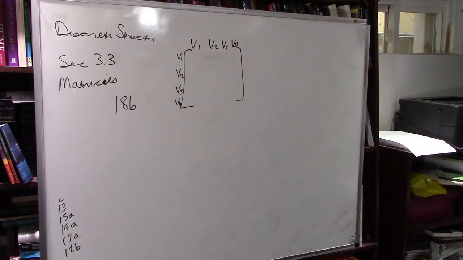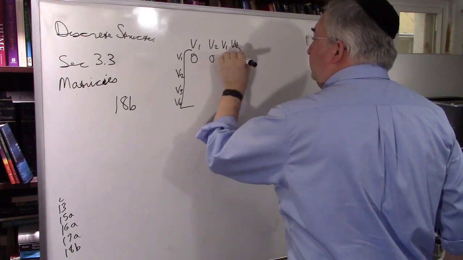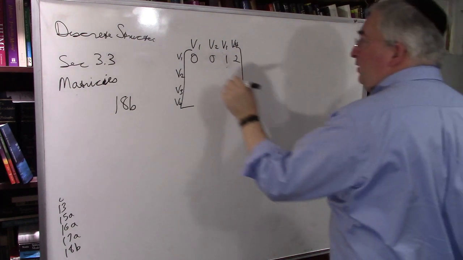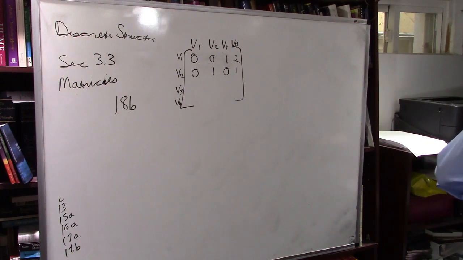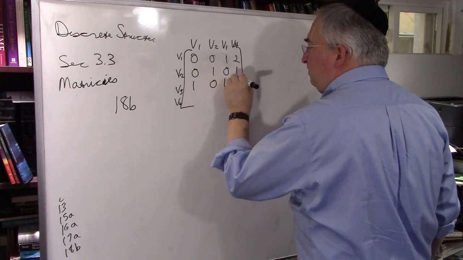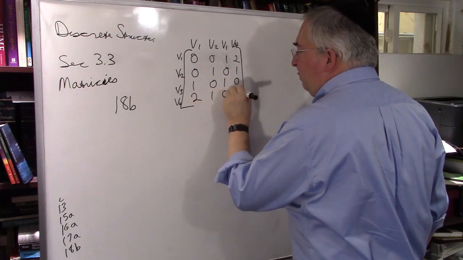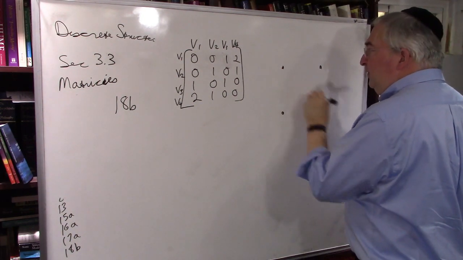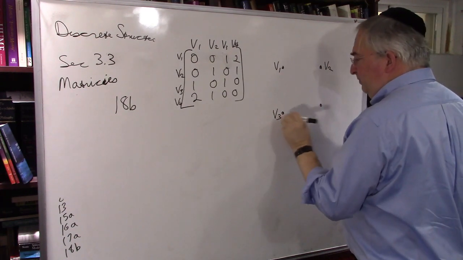Okay, let's do it. 0, 0, 1, 2, 0, 0, 1, 2, 0, 1, 0, 1, 1, 0, 1, 0, 2, 1, 0, 0. Okay, so let's do it again. 4 vertices. I don't know how it's going to look, but might as well try this.